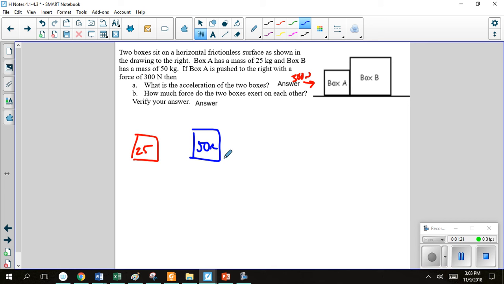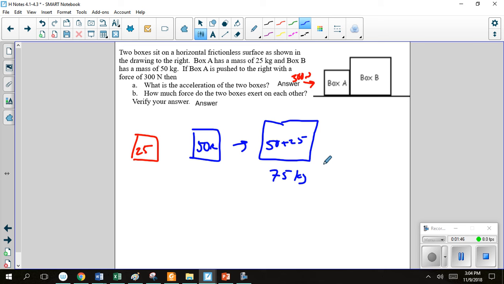We're going to look at these as one large box, which is 50 plus 25 kilograms, so that gives us a total of 75 kilograms. Since the force is being applied to both of them, we have to use that force on both masses.